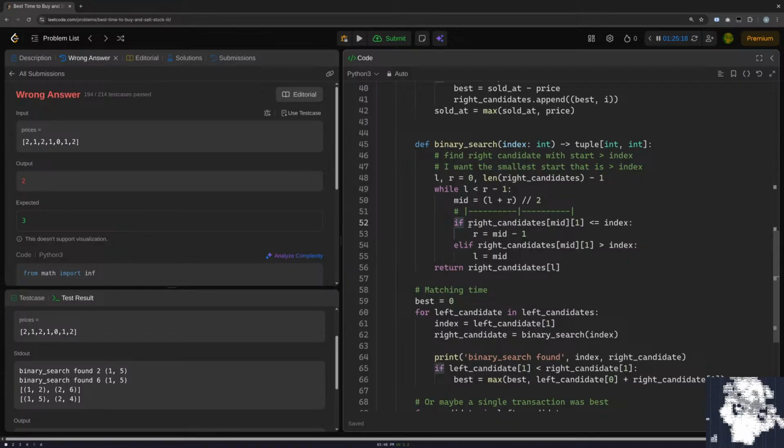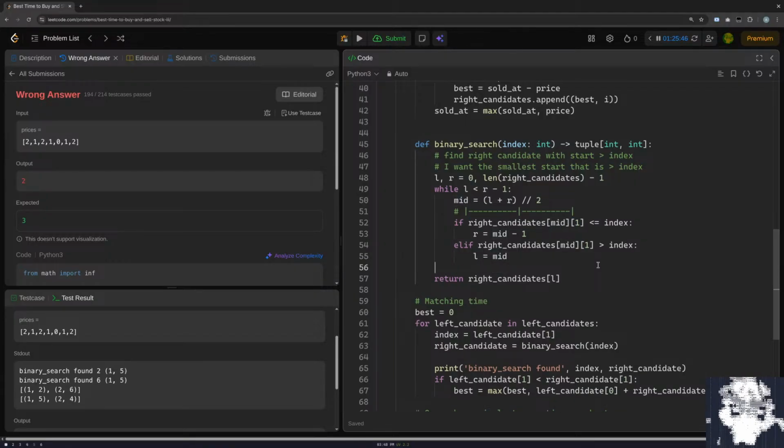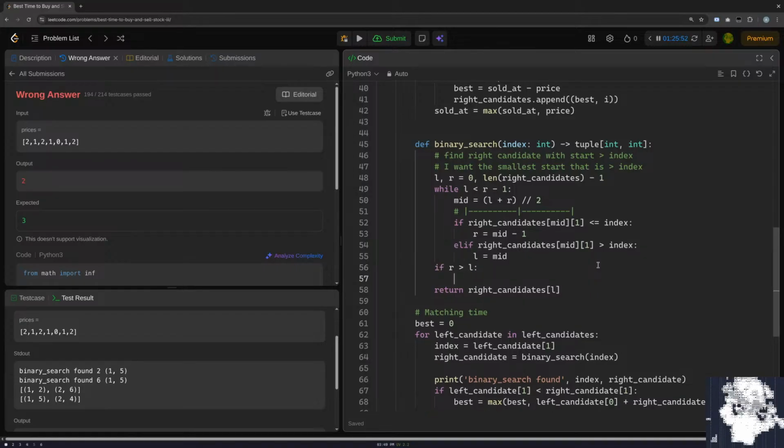So take the midpoint. If the midpoint's index is less than or equal to index, if R is greater than L, return right candidates of R. Because I want the one farthest to the right.